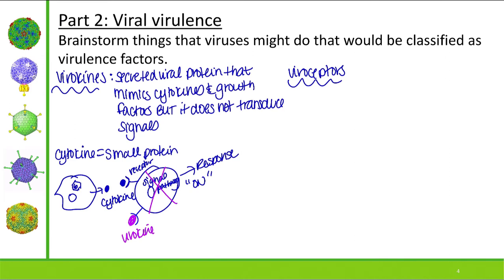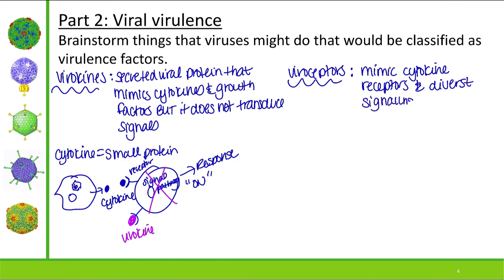Another really great example of a virulence factor that viruses have are viroceptors, and viroceptors mimic cytokine receptors. What they do is divert signaling molecules from finding targets.